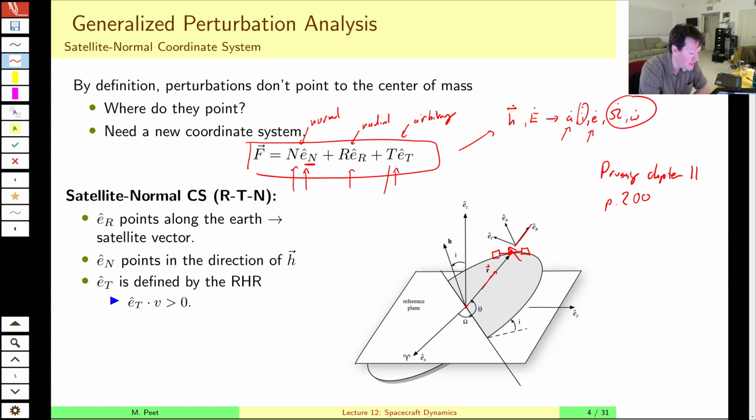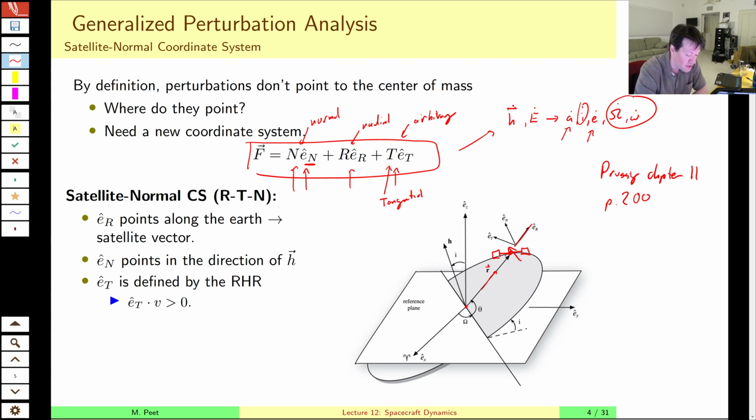And then T is a bit of a misnomer, but it's easy to remember anyway. T for tangential. T is actually just the direction which is orthogonal both to the normal and the radial vector.